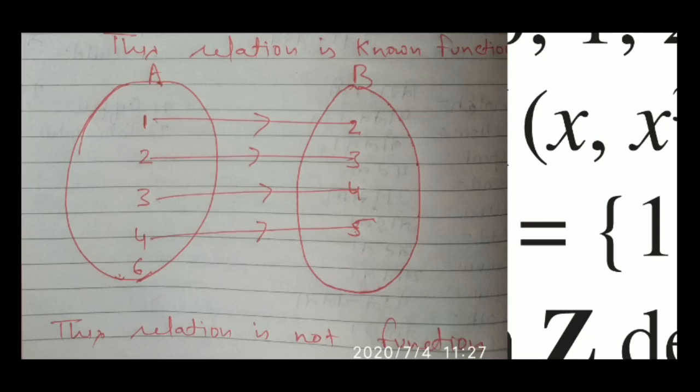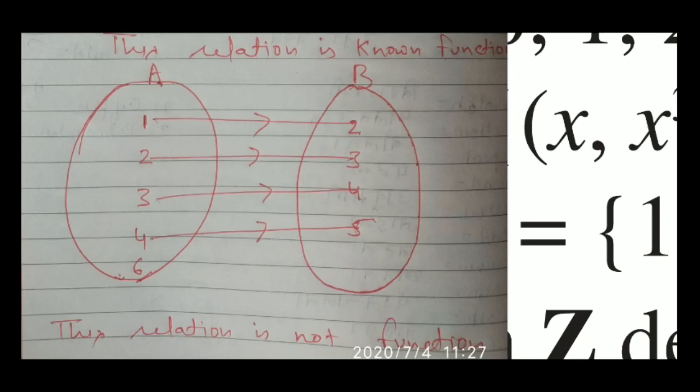From set A, if you take the first element 1, its corresponding image is 2, and when you take 2, its corresponding image in B is 3, when you take 3, its corresponding image is 4, and when you take 4, its corresponding image is 5.